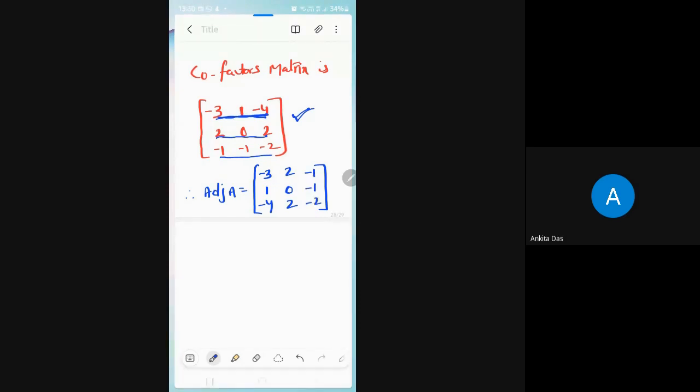So this is called adjoint A. I hope everybody understands how to write adjoint A when we have the cofactors matrix.